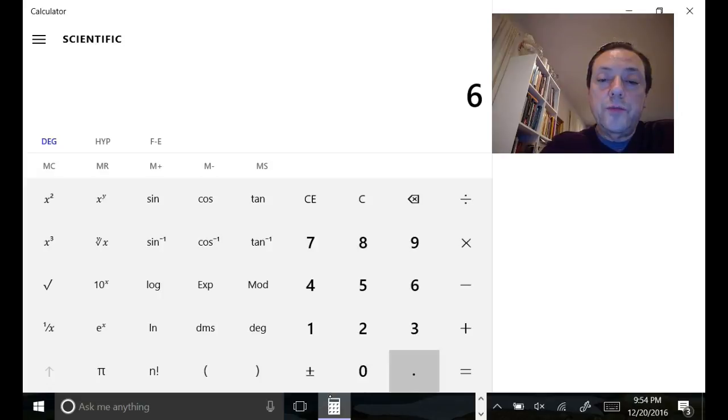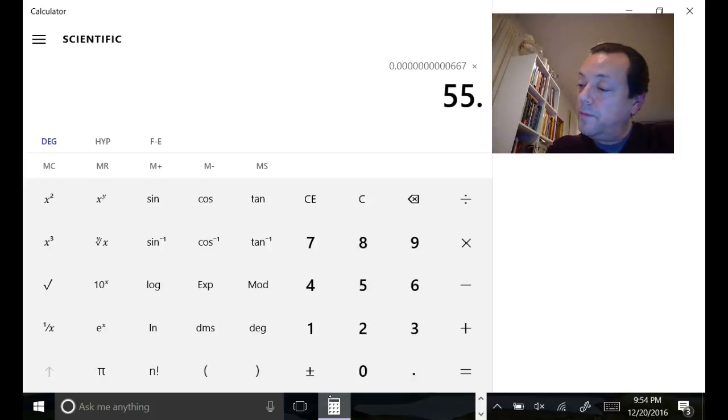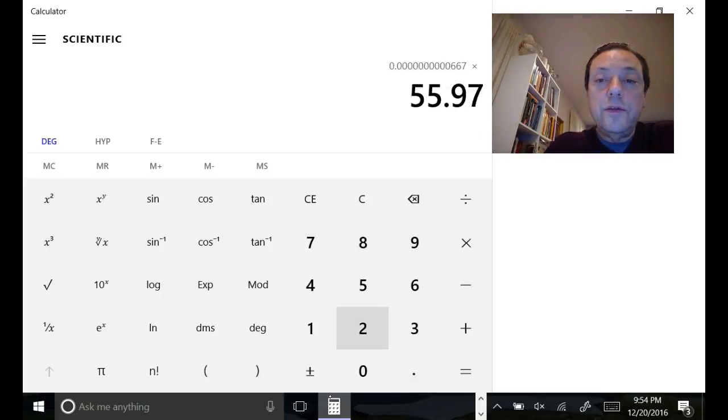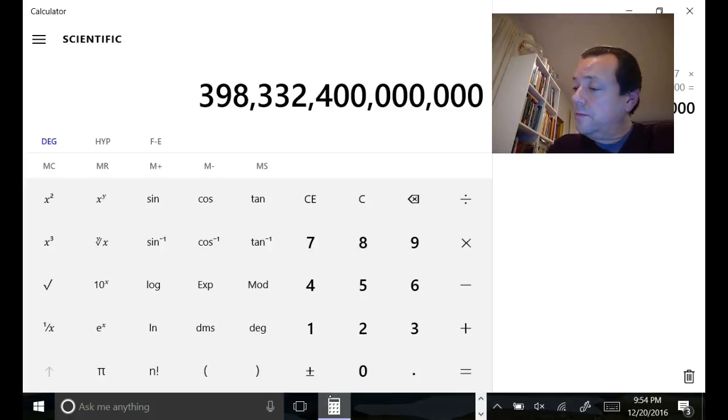And 6.67 minus 11 times, and mass of the Earth is 5.972 to the 24th, and that's our numerator.